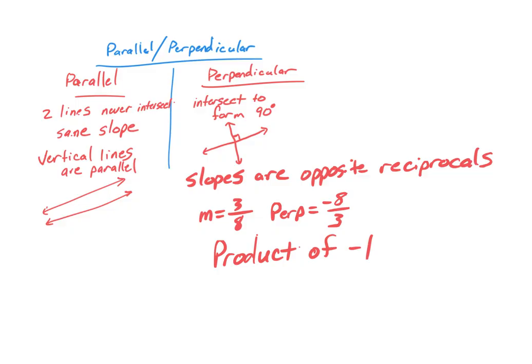Okay, so those are some things about parallel and perpendicular. We're going to do some work and some equations with parallel and perpendicular. One of the first things that we're going to do is to identify if an equation or two equations are parallel, perpendicular, or neither.